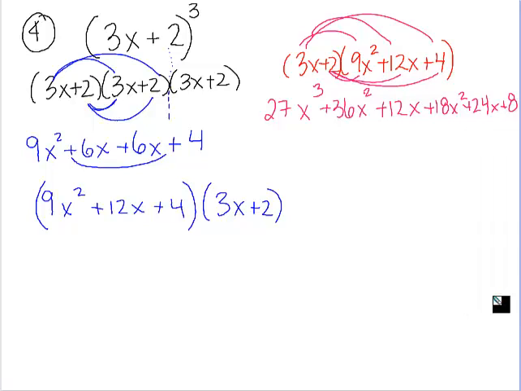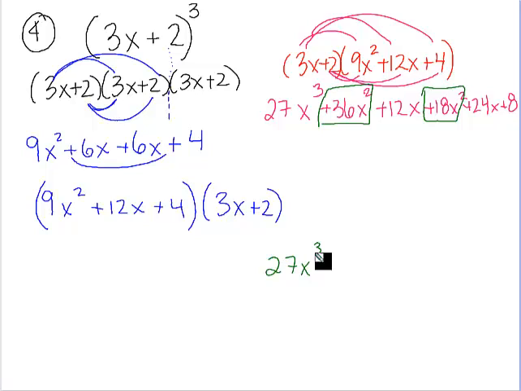All right, do you see any like terms in there? Yeah. Okay, there's a 36x squared plus an 18x squared. So we'll have our 27x to the third, and then what would be our 36x squared plus 18x squared? I would try adding those again.